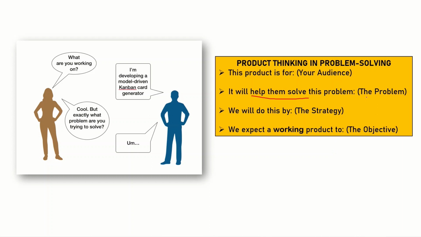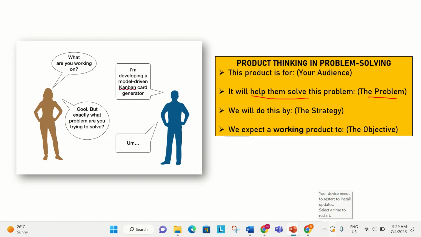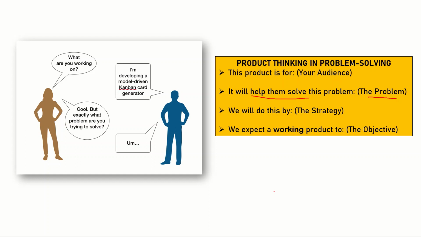You already identified the problem, you already know who your targeted customer is, and then what is your strategy? How do you want to manage, or how are you going to improve the product, which involves the analysis.